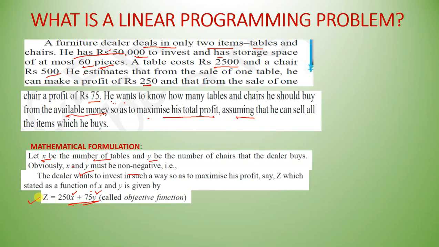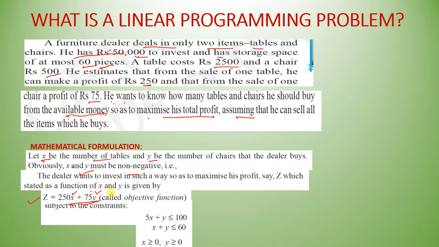What are the limitations, conditions with him? That he has the storage space of at most 60 pieces. So the first condition will be x plus y is less than equal to 60. Second condition is he has only 50,000 rupees to invest, and the cost of table is 2500.